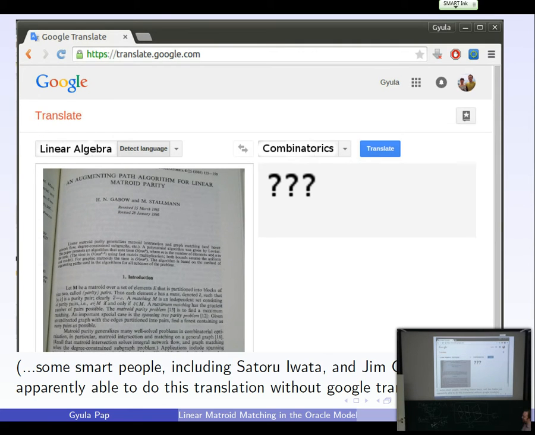Apparently a few really smart people looked at this, including Satoru Iwata and Jim Geelen. They would not bother looking at this anymore because they understand it as something that you can do with only knowing the rank function. But it's not obvious what is done in this paper. It does linear algebraic computations, and I was trying to decipher the combinatorics behind this.